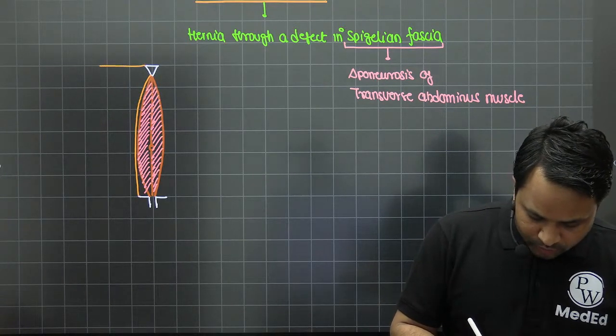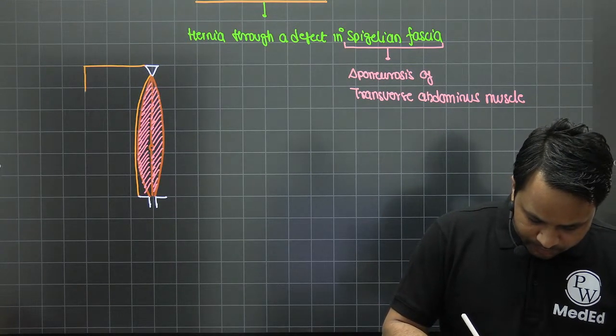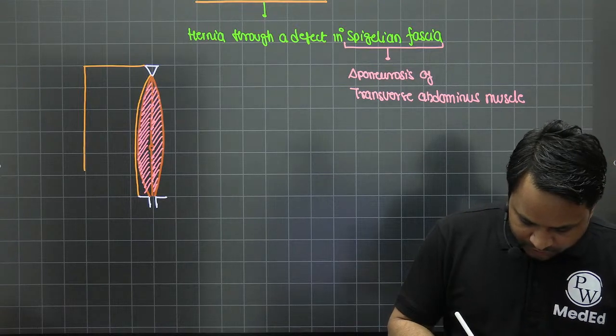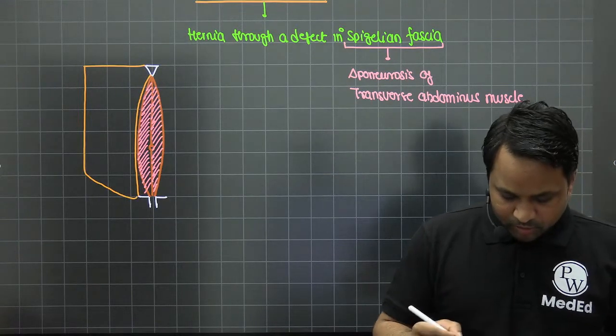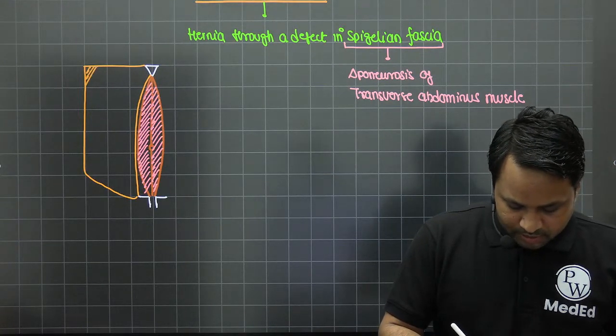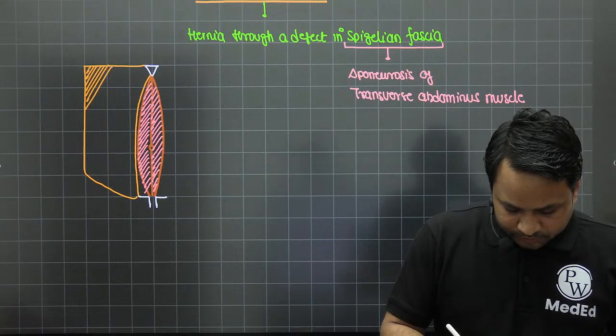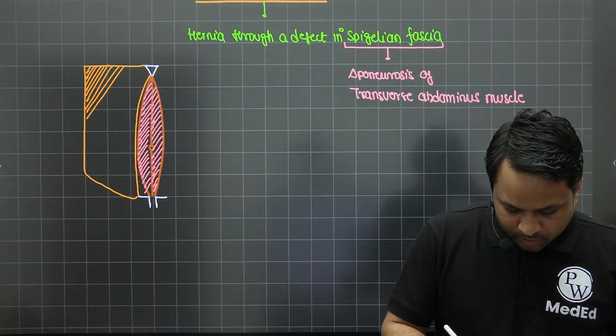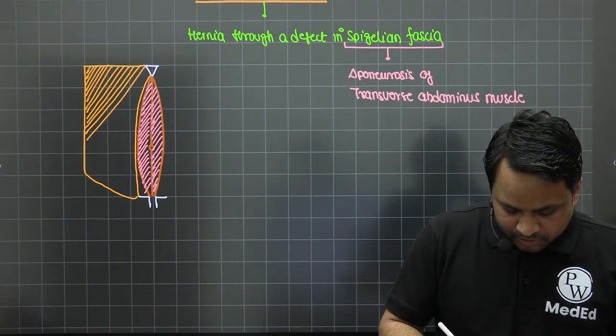Just for the sake of understanding, this is how the lateral abdominal wall muscles would look. Let it be an external oblique, the internal oblique, or the transverse abdominis muscle.